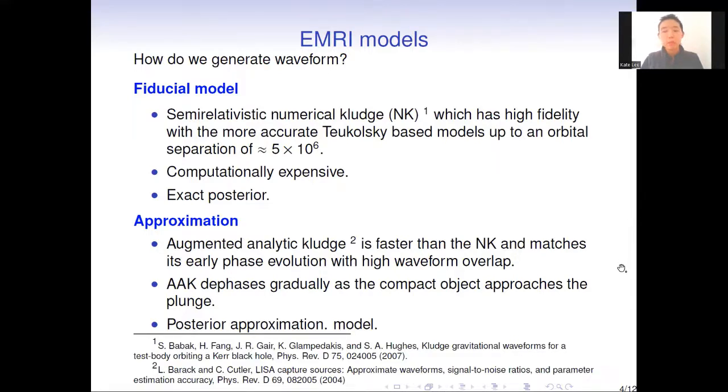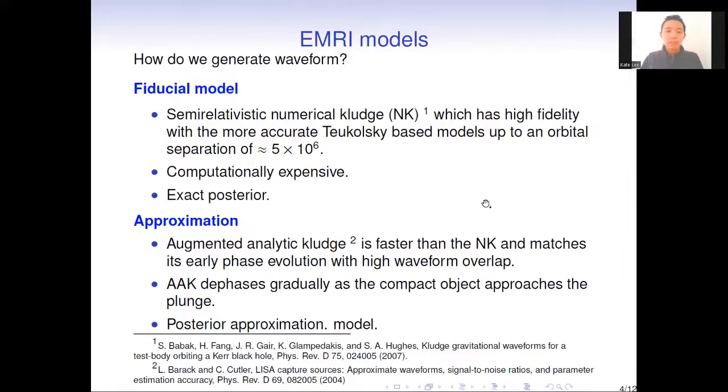The second model is the augmented analytical kludge. It is known to be faster to compute than NK, but it is less accurate. So in other words, a waveform from the augmented analytical kludge model will be treated as an inaccurate model.